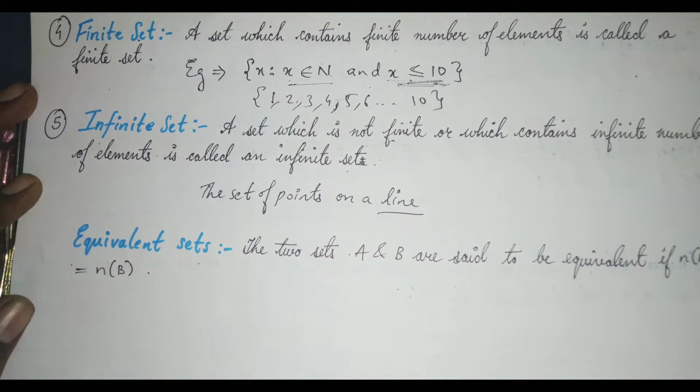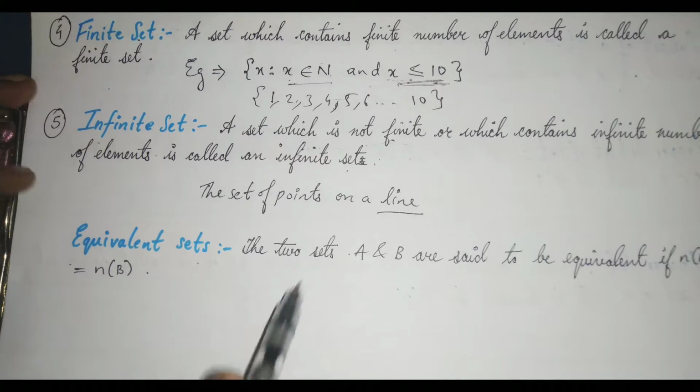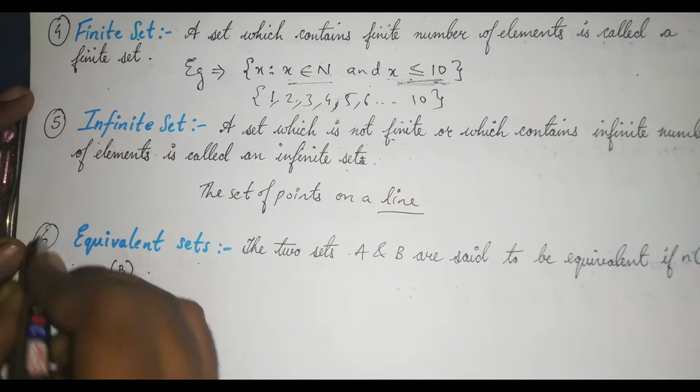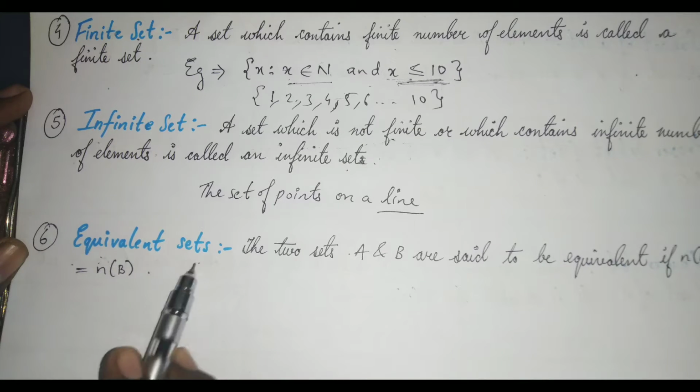It is infinite, because a line has infinite points on it. So an infinite set is one which is not countable, as it contains infinite elements.